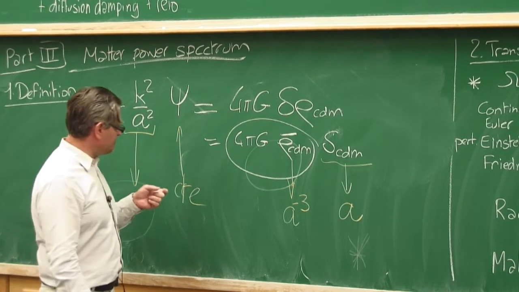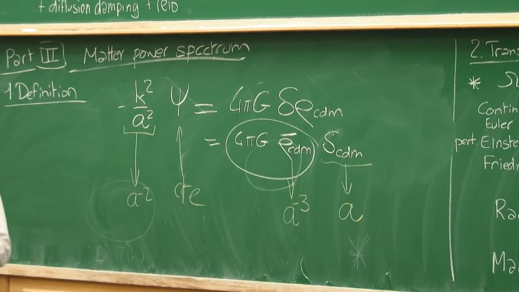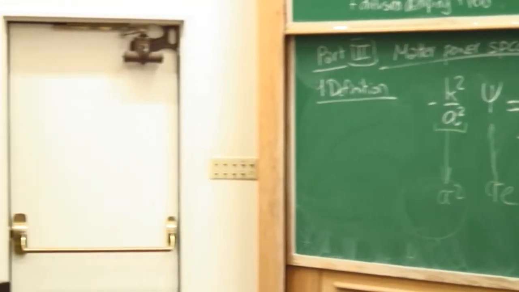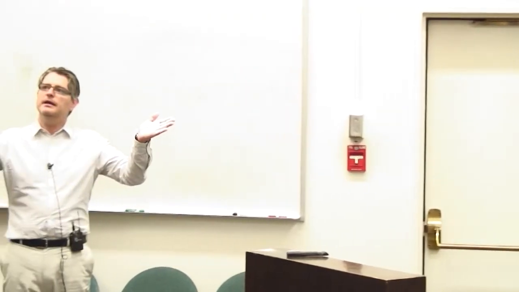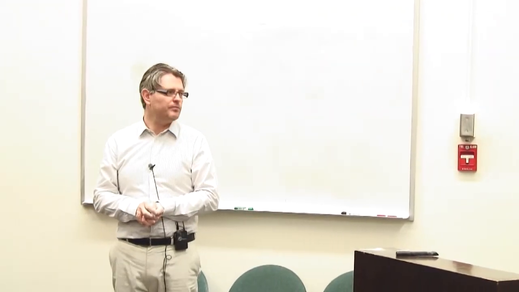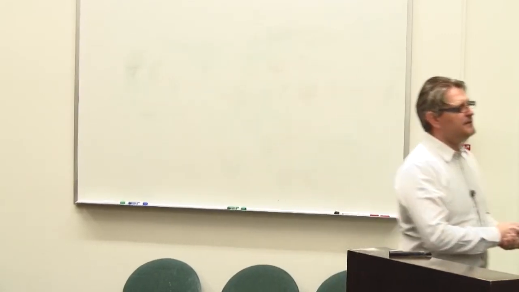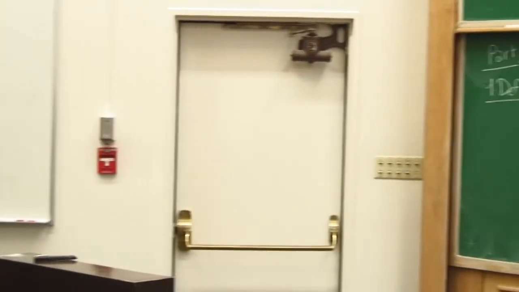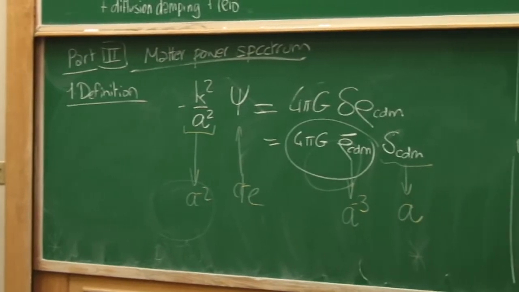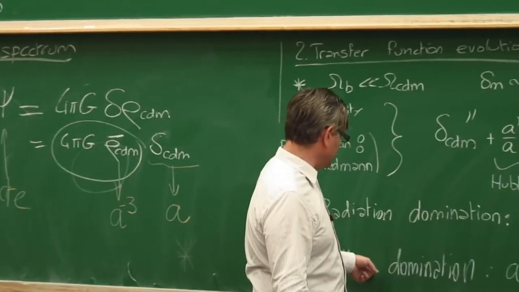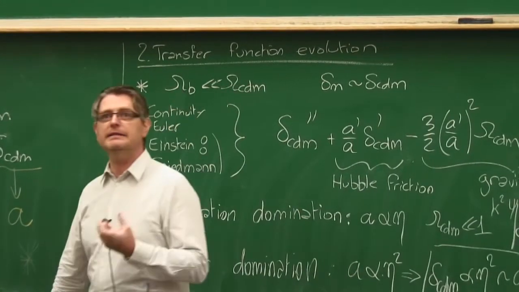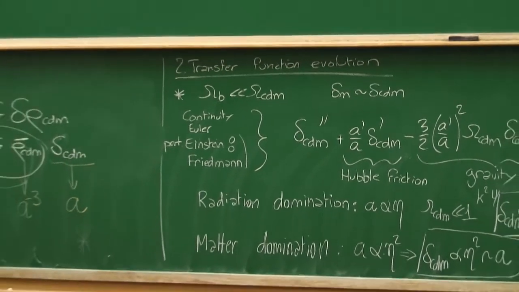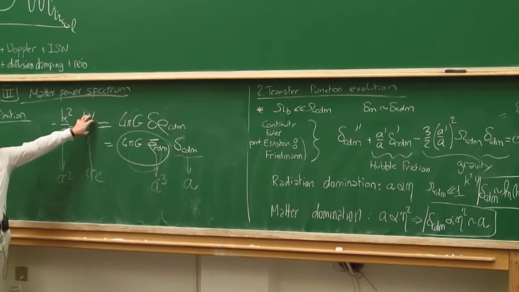But it means that when structures form in the universe, the gravitational potential is a constant, while of course you would have expected it to grow with time, because you would have expected that the gravitational potential will become deeper and deeper with time. This is really because you have these two antagonist effects of gravity and Hubble friction. By chance, during matter domination, there is an exact cancellation between these two effects, resulting in a constant psi.